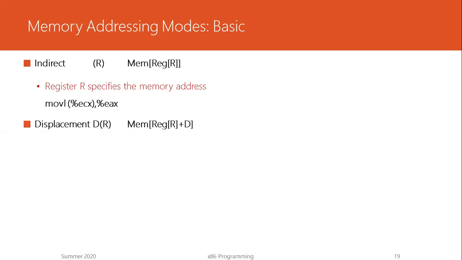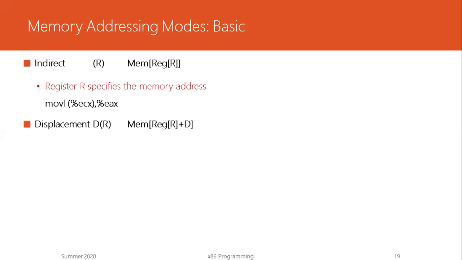The other type of address mode is called displacement and is specified by the format D with R in parentheses. The register R specifies a memory location, but the final effective address is computed by adding the contents of the register with the displacement D that specifies an offset from that memory address.